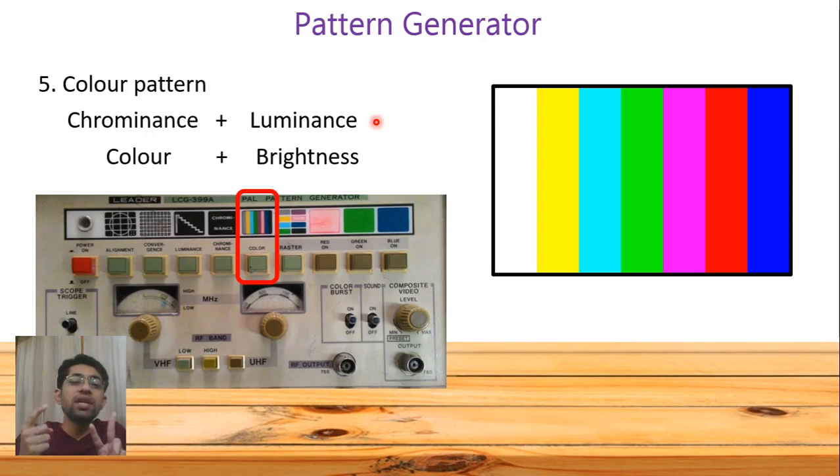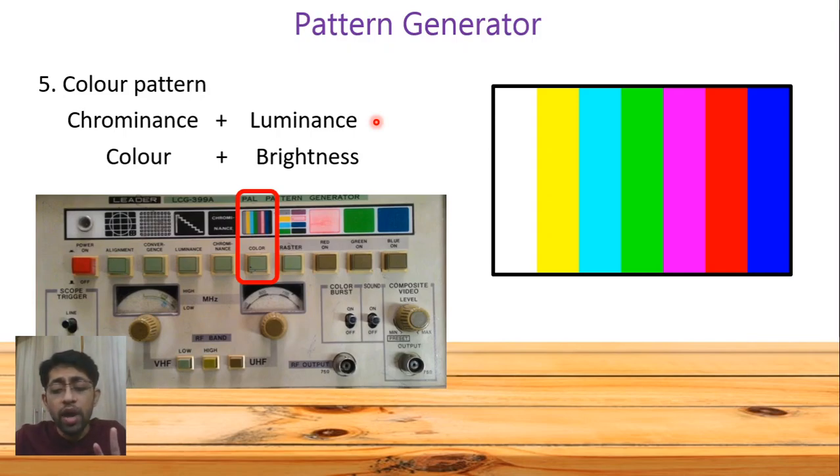If your receiver is black and white, it will use only brightness, which is the luminance. But if your receiver is color, it will use both brightness and color, that is, both luminance and chrominance. After adding luminance and chrominance, you will get the correct color.